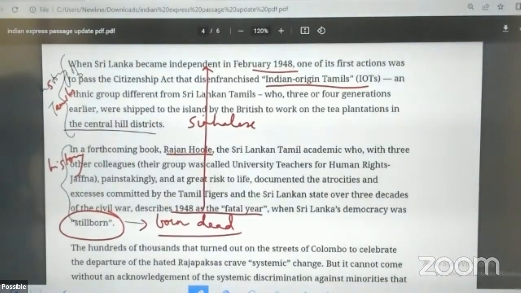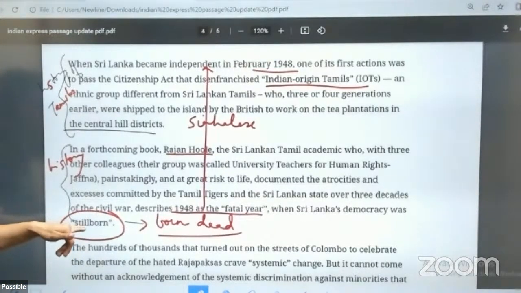A democracy means the minority has the same rights as the majority. So now do you understand why the author was calling Lankan democracy stillborn? Because Lanka gained the democracy, but they were not acting as truly democratic because they removed the rights of the Tamilians, which was promised to them in the constitution.